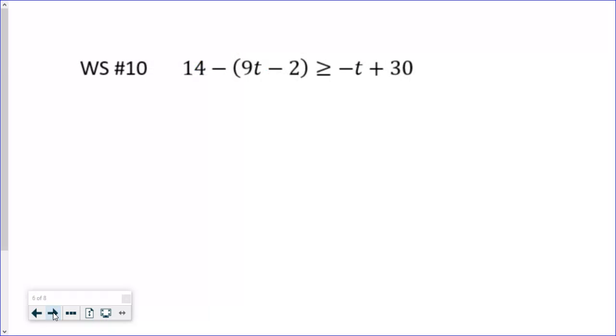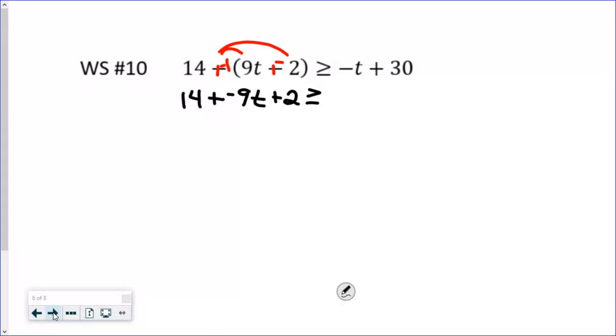Okay, number 10. Here's the tricky part to number 10. This is really a negative 1 you are distributing. Change those signs. Okay, so 14 plus 9t times negative 1 is negative 9t, plus negative 1 times negative 2 is a positive 2.